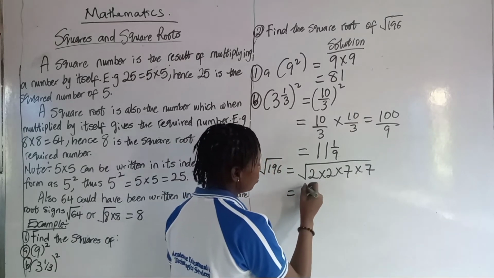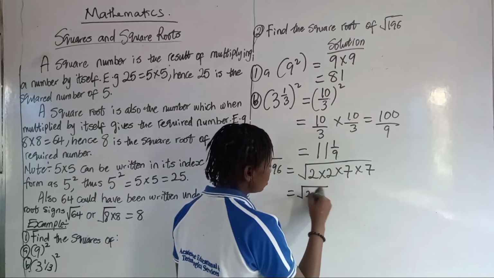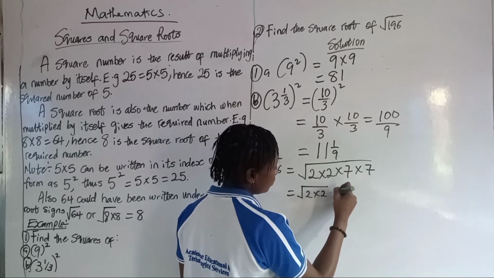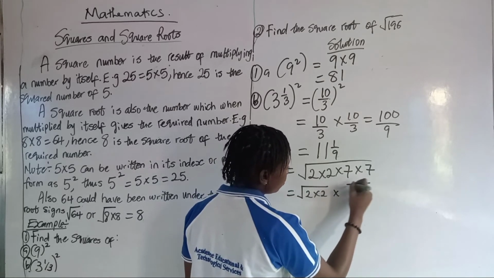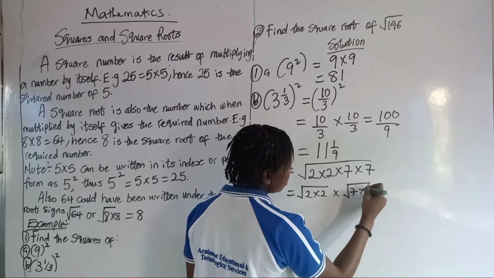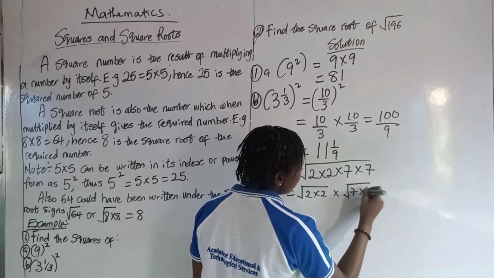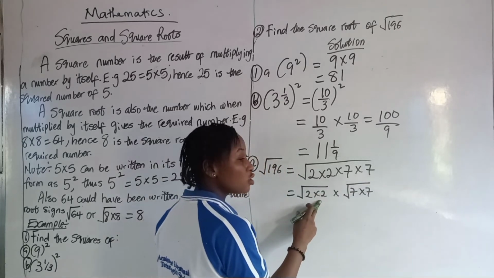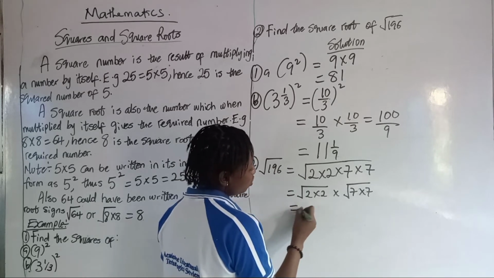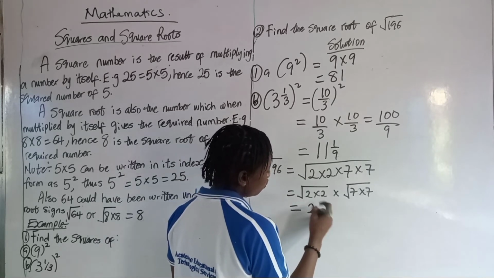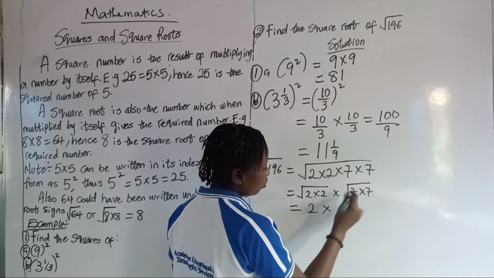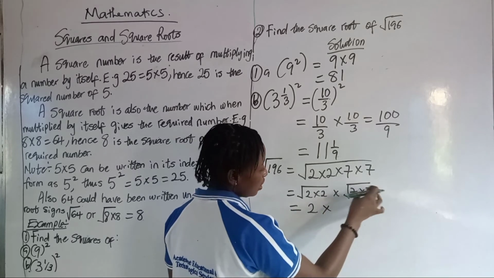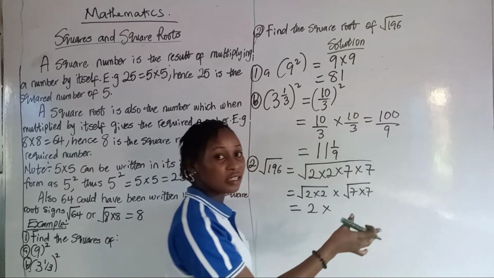Now, let's break it down. Square root 2 times 2 times square root 7 times 7. Square root 2 times 2 is what? 4. Now, square root of 4 is what? 2. Pick 1, the common one. Now, square root of 7 times 7 is what? 49. The common number there is what? 7.